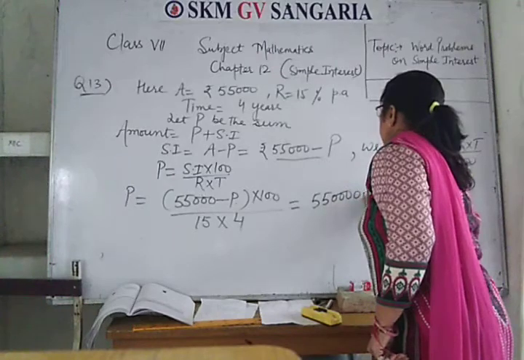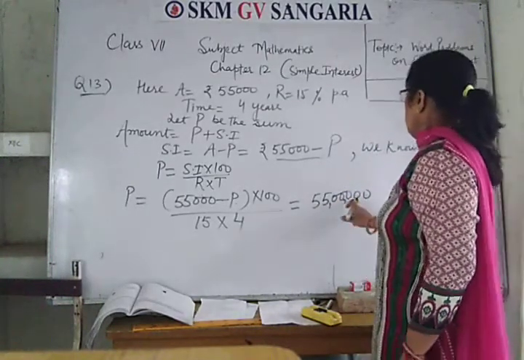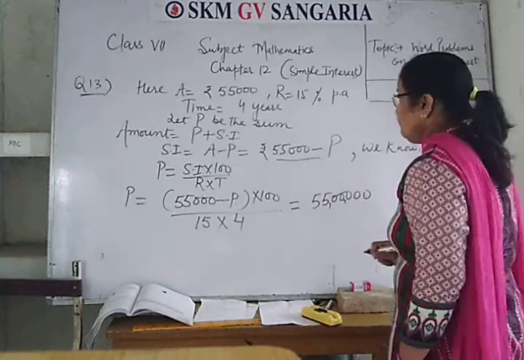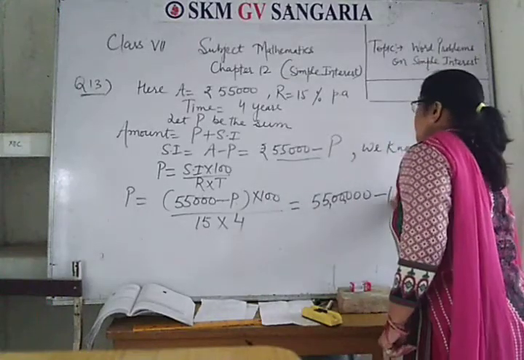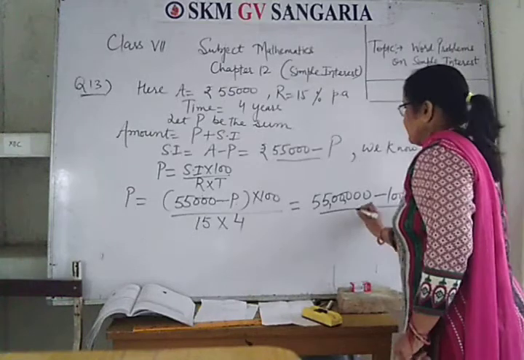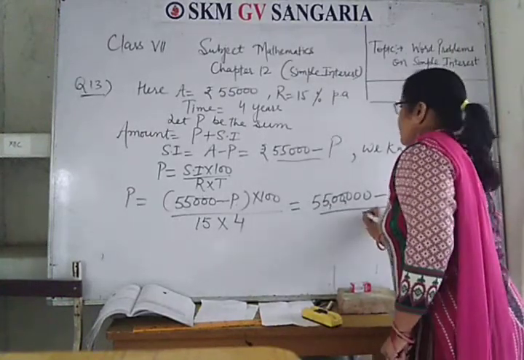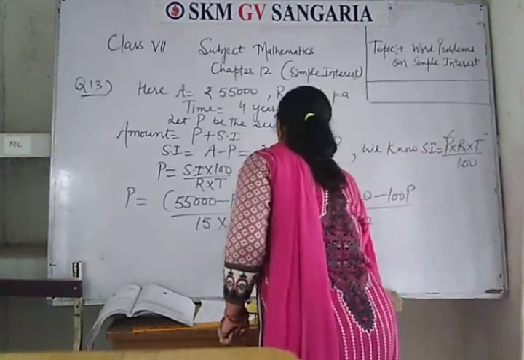So this will be 55 lakh minus 100P divided by 15 into 4, that is 60.